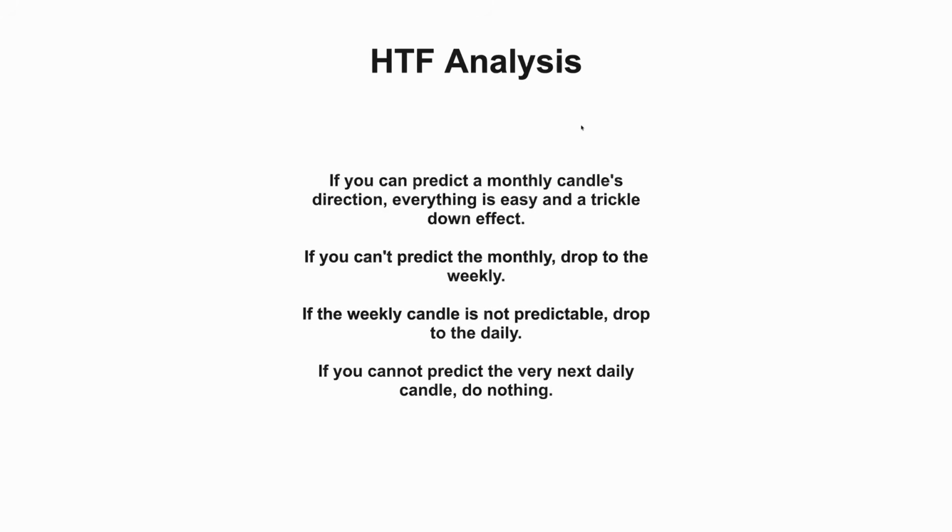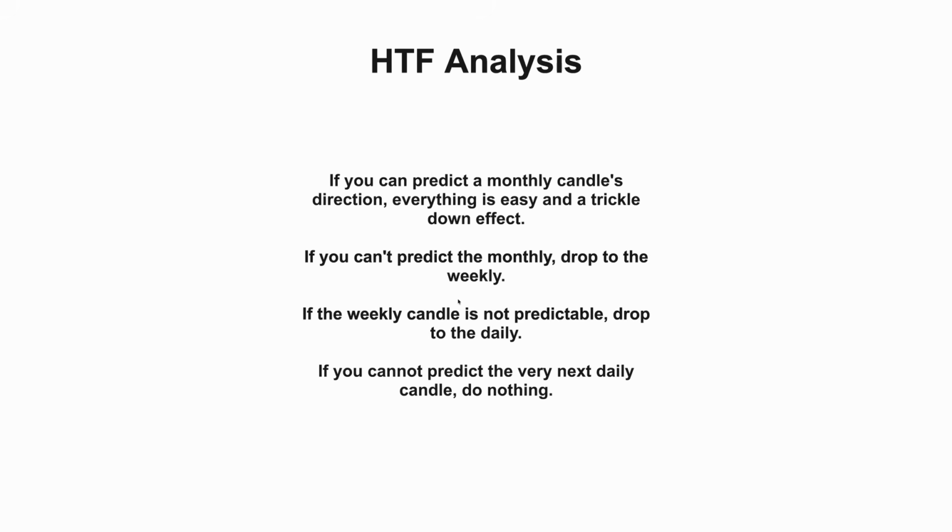So first of all, higher time frame analysis. This becomes really easy when you can predict the monthly candle's direction. If you can predict the monthly candle's direction, everything else below it is easy and a trickle down effect, meaning you'll be able to predict a weekly candle, a daily candle, etc. If you cannot predict the monthly candle's direction, drop to the weekly and see if you can predict that.